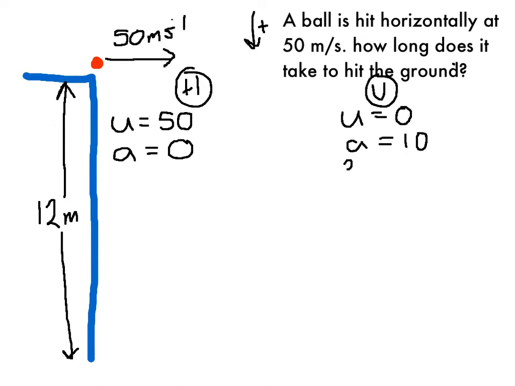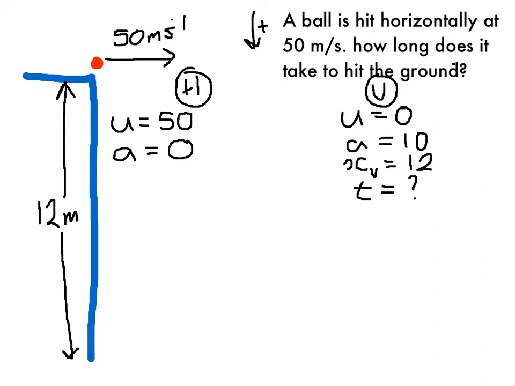We know that the distance it travels vertically, its vertical displacement, is 12, and so we have enough information in this part, the vertical component, to calculate the time it spends in the air.